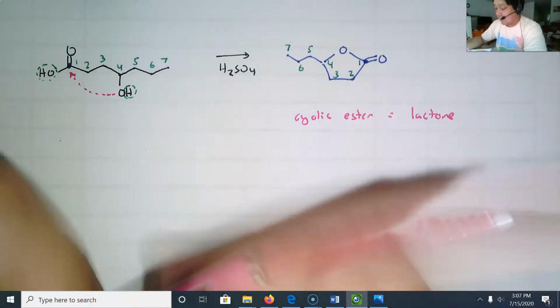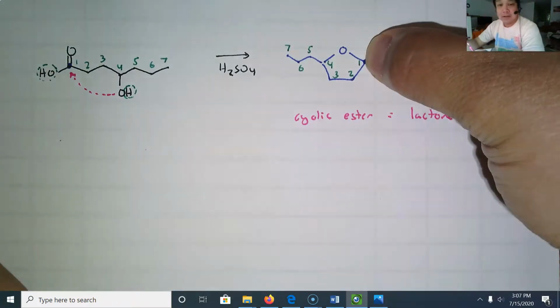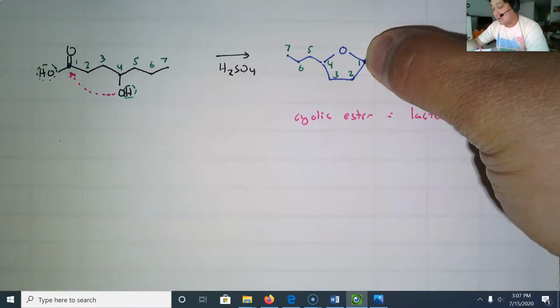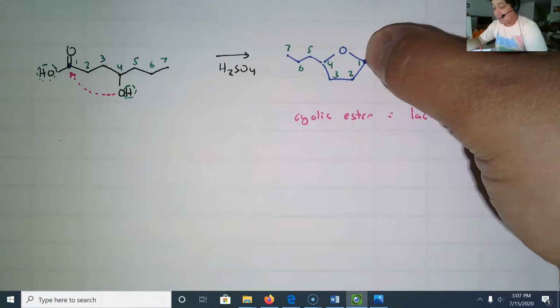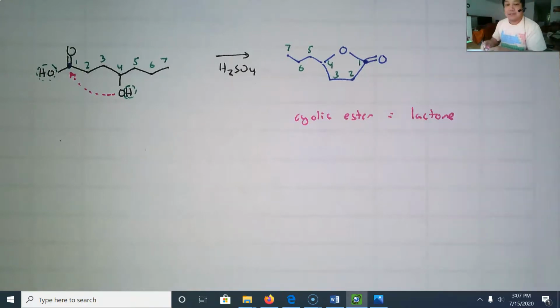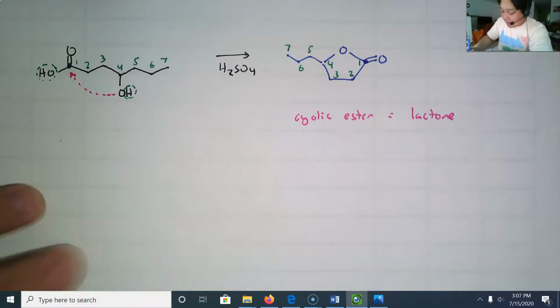Ether is, well, this could be an ether, right? It's an oxygen with a carbon bond to carbon on each side, and nothing else. Okay, so that is how you would go about making the cyclic ester, which is a lactone.